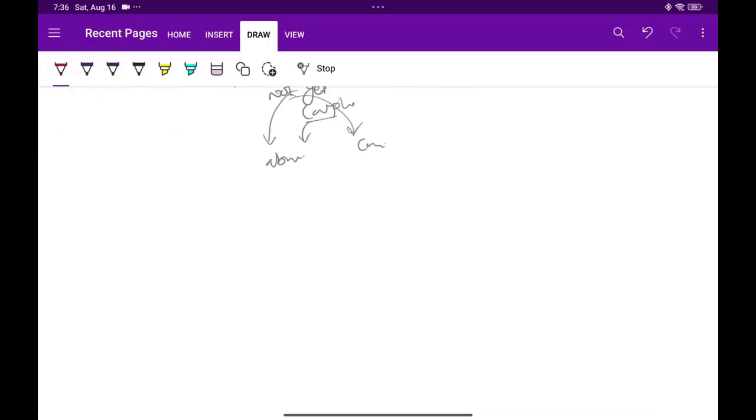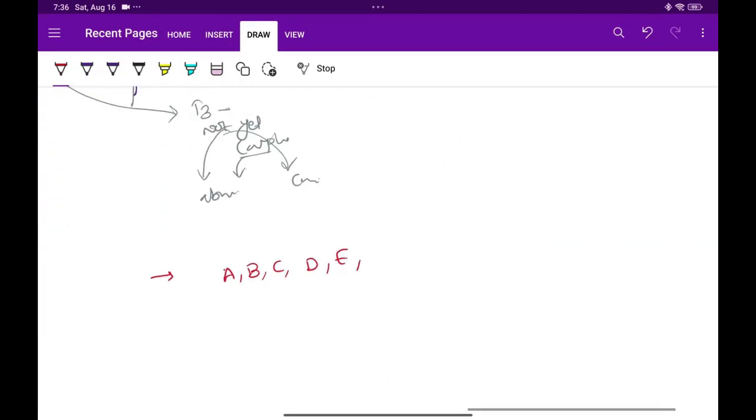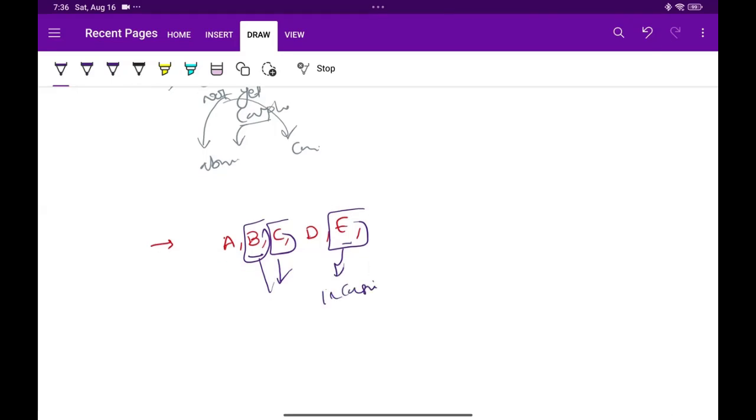Now, due to flushing, we have pages A, B, C, D, E. These 5 pages. Of these, B, C, E are in an inconsistent state, because we don't know whether the transaction modifying these pages is completed or not, whether it is in the middle of the transaction, or aborted, or completed.